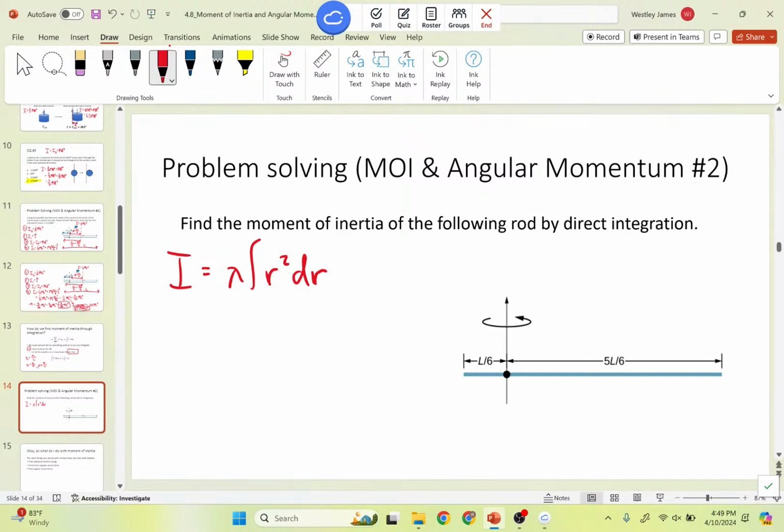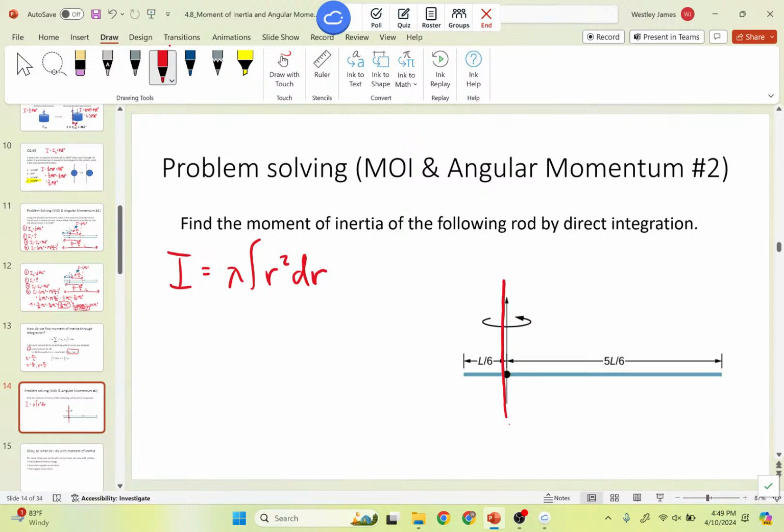If you multiply the radius times the lambda, you get the mass. Choosing our limits of integration is what we have to be considerate of here. We have to choose where 0 is. Let's make this 0. That's my axis of rotation, because the moment of inertia of a mass at that spot is 0.